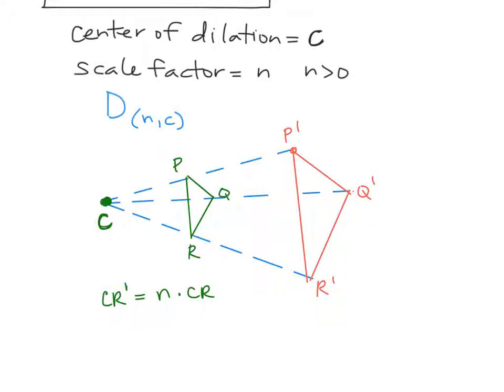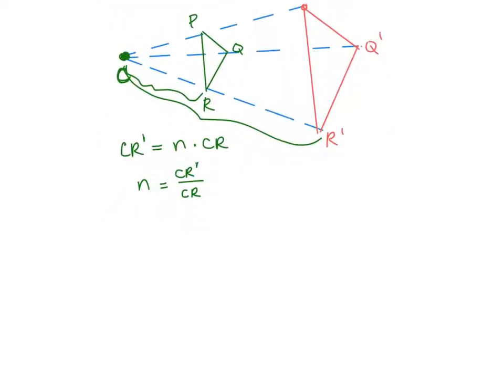Okay, another way you could think of that then is if I divide both sides by CR, I would get that my scale factor is equal to CR prime over CR, right? So the distance here over the distance here gets me my scale factor, okay? The distance of the image over the distance of the pre-image gets me my scale factor. And we'll talk about that right now, but that's just kind of the basic of it.